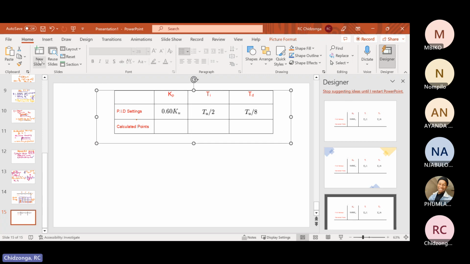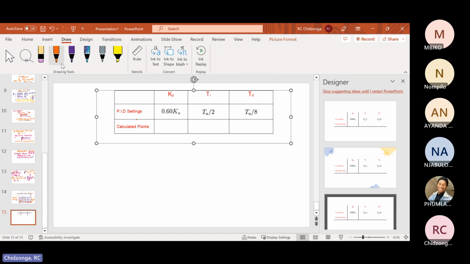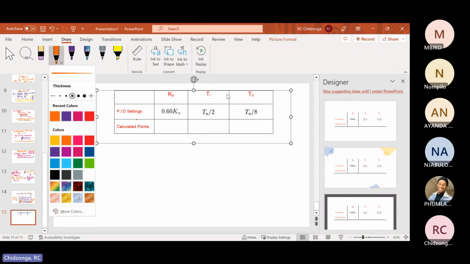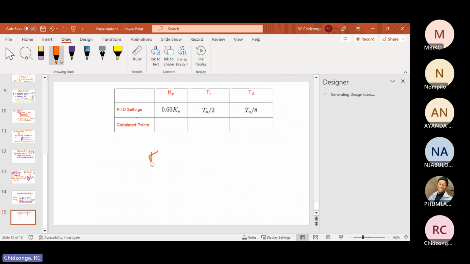If I just give you a PID controller and say use it, you see these three parameters here, KP, TI, and TD need to have values. They need to have specific values.